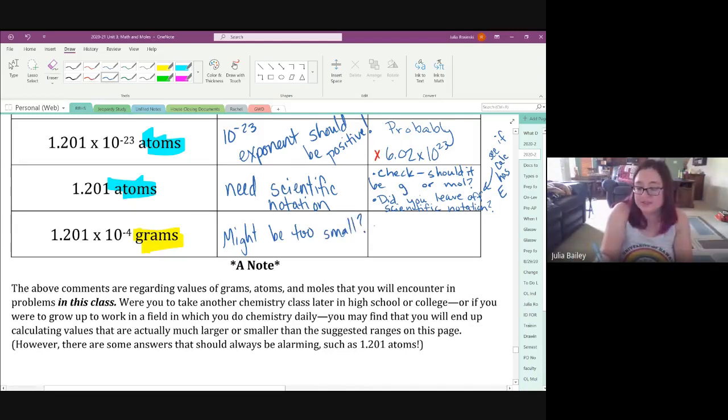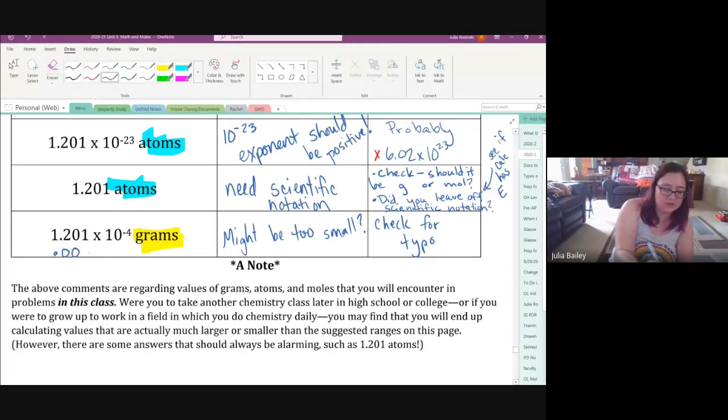It's possible for this answer to be there, but it's unlikely. So really what I would say is you probably typoed something. You should check that, because this is like 0.000121, and that's really small for a number of grams. So you probably typoed something would be my guess.